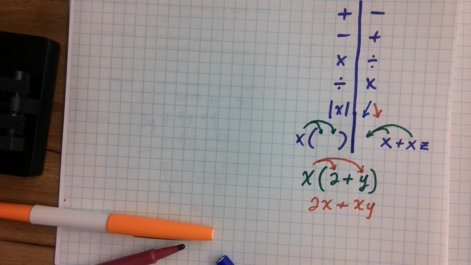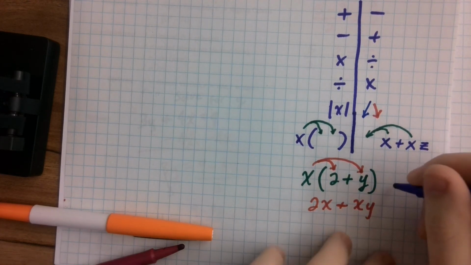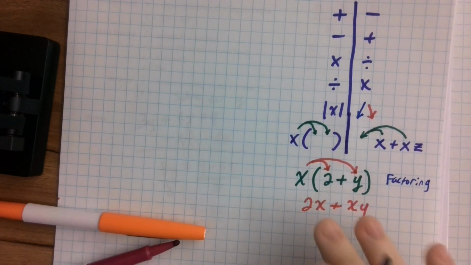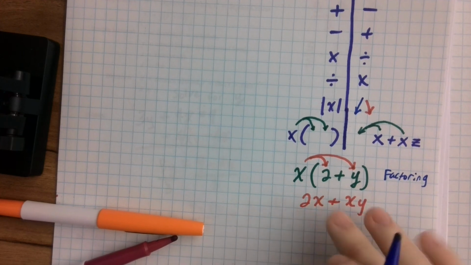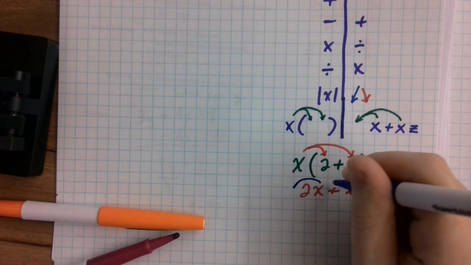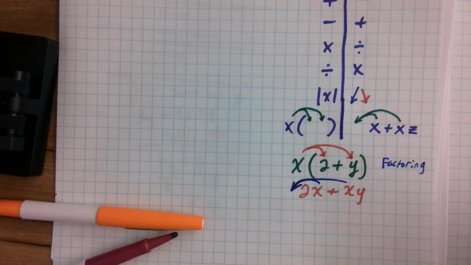Let's say we say, ooh, I messed up, I didn't really want to do that. Well, the opposite of distributing is factoring, where we take a common factor, something that both numbers have in common, or both terms have in common, and pull it right back out and put it in front.